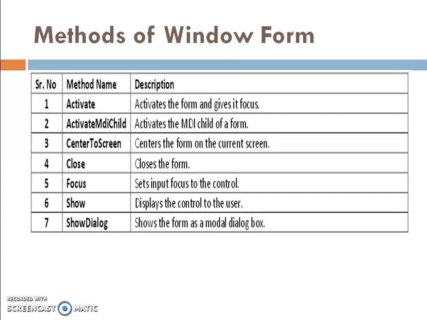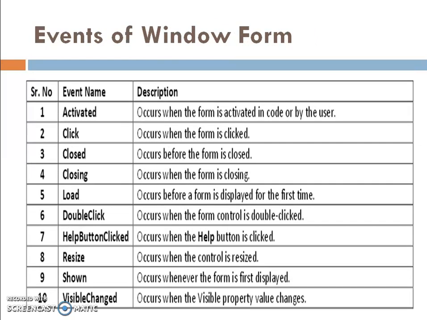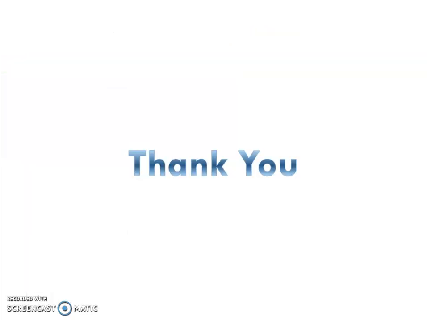These are the different types of methods of a window form, like Show, Focus, Close, ShowDialog, CenterToScreen, Activate, etc. Now, these are the different types of events of a window form: Click, Close, Load, DoubleClick, Resize, Shown, VisibleChanged, Activated, etc. Thank you.